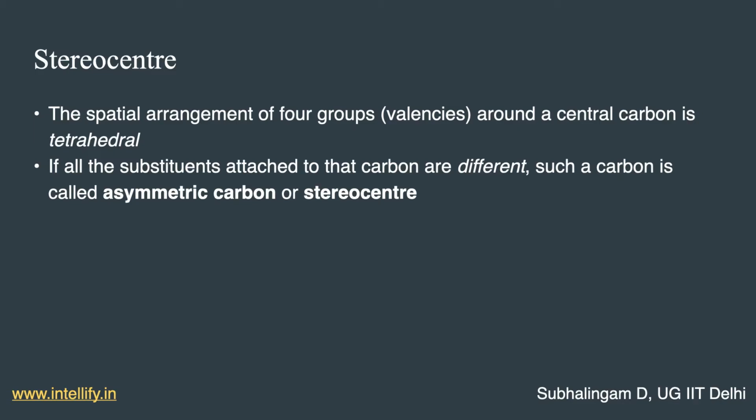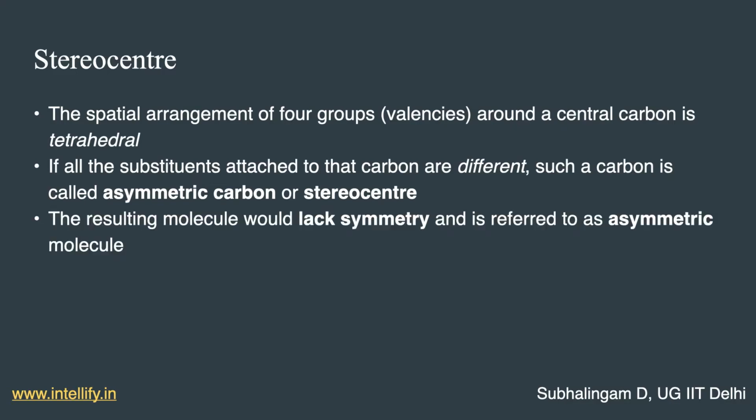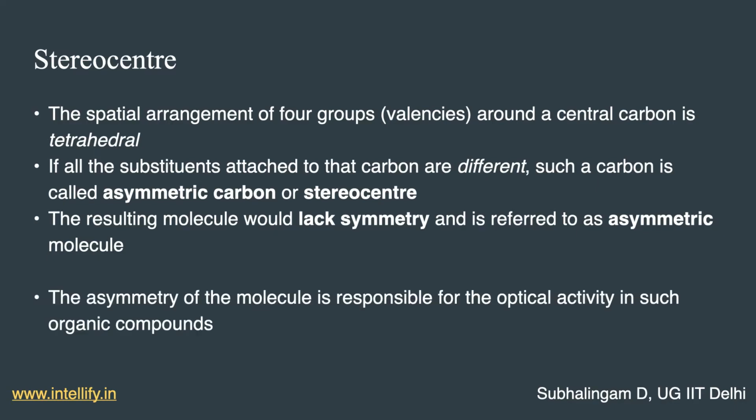So if we have a carbon which has four different groups around itself, then that carbon is called a stereocenter or asymmetric carbon, because all four groups are different. Obviously the resulting molecule would lack symmetry and is referred to as an asymmetric molecule. The asymmetry of the molecule is actually responsible for the optical activity in such organic compounds.